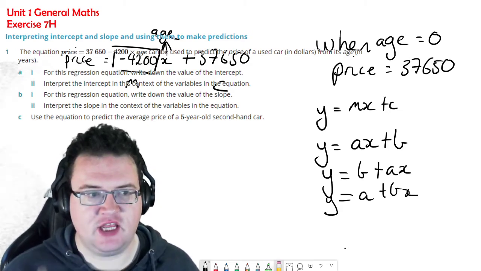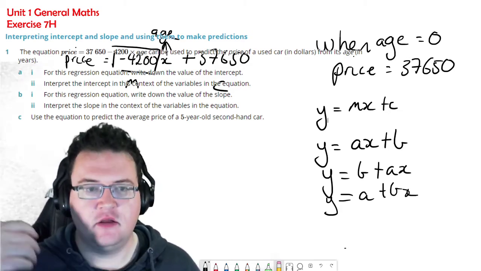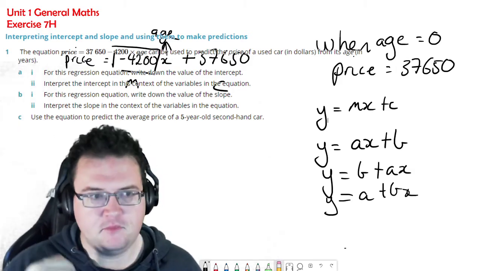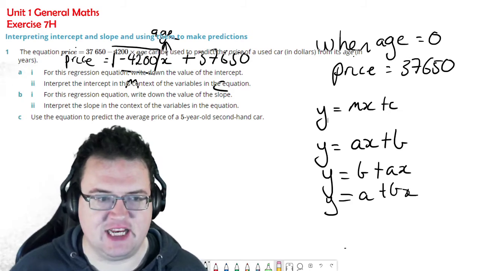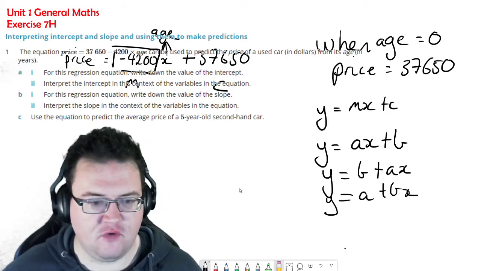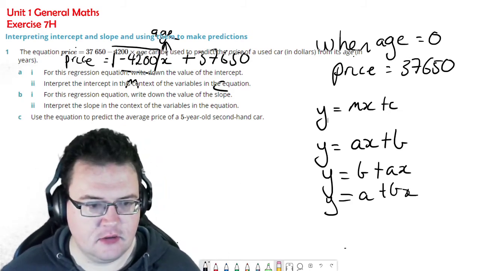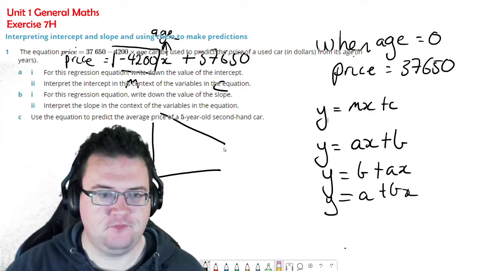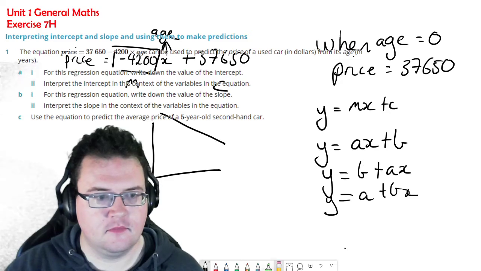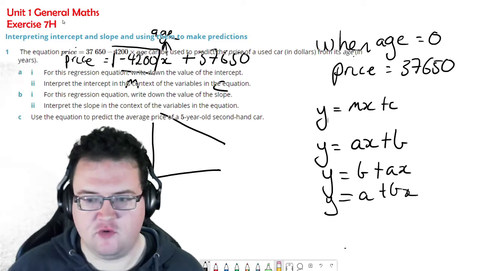So every year the car is around, the price will drop by $4,200. All right, so it's a negative slope. So if I were to graph it, the graph would look something like that. It would be decreasing.